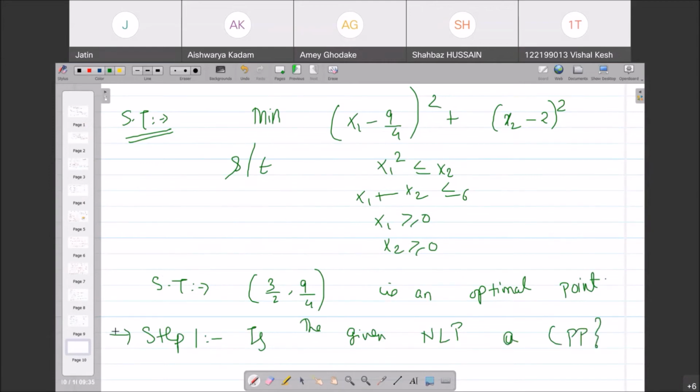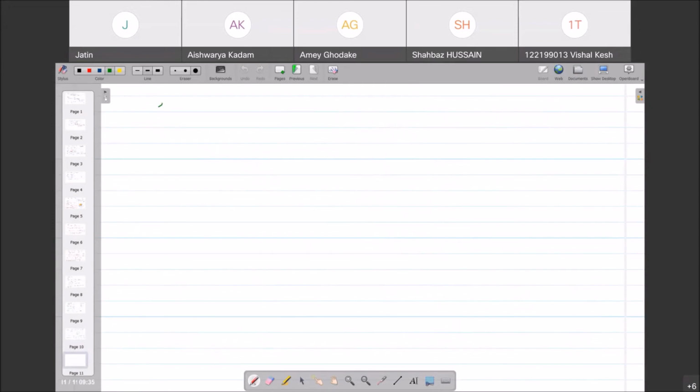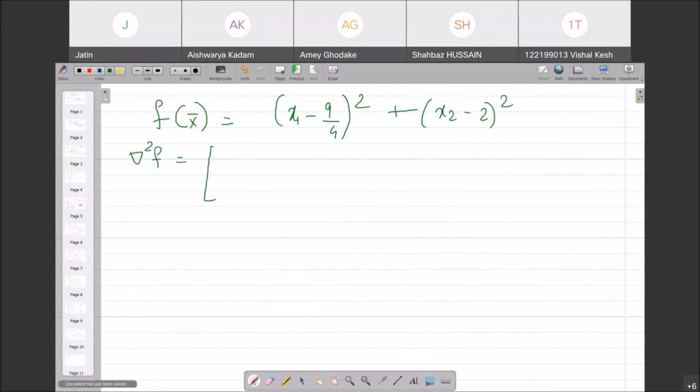So let's try to find the Hessian for each function. What is the function f of x bar? x bar means x1, x2. Can anyone tell me what the Hessian is coming out to be? The derivative of f with respect to x1 is 2 times (x1 minus 9 by 4).